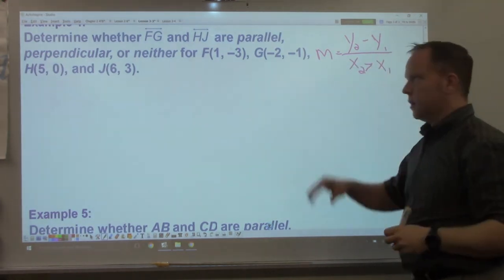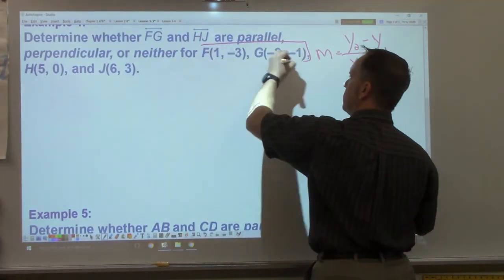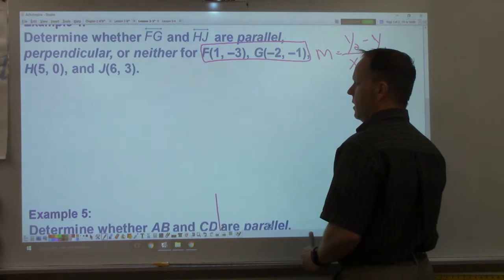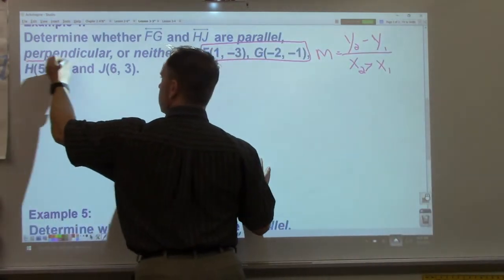So here's my formula. Here's my first one, line FG. So here's my first slope. I got to calculate, and line HJ. Here's my second one.